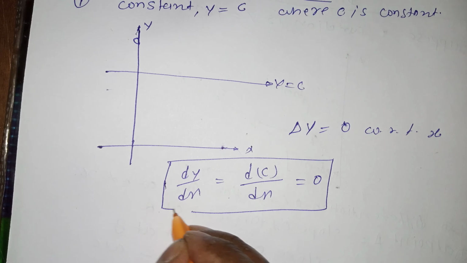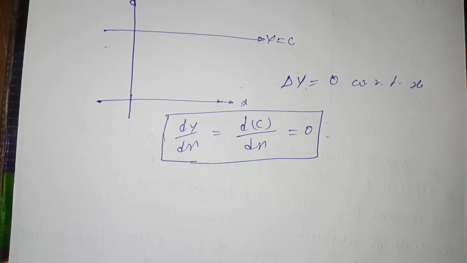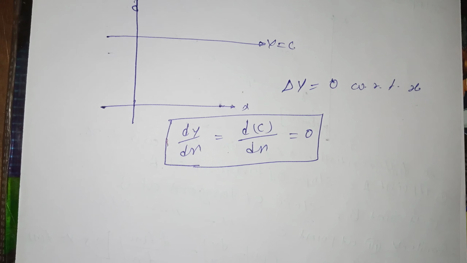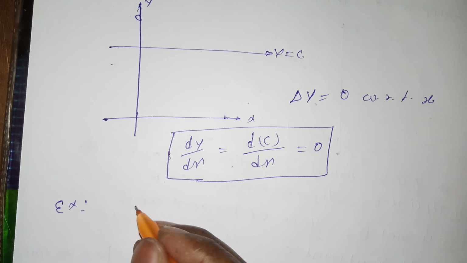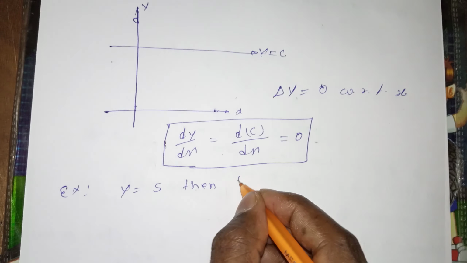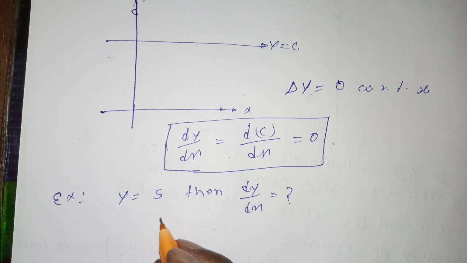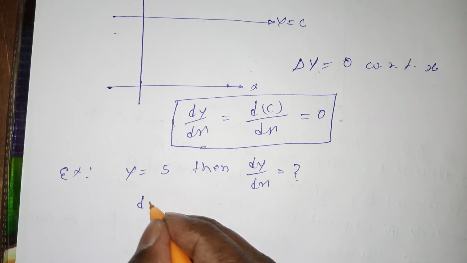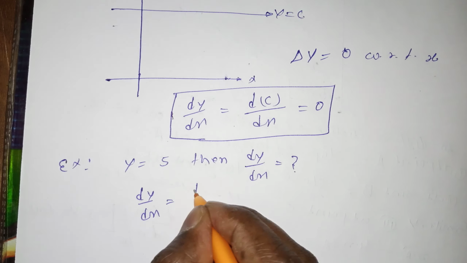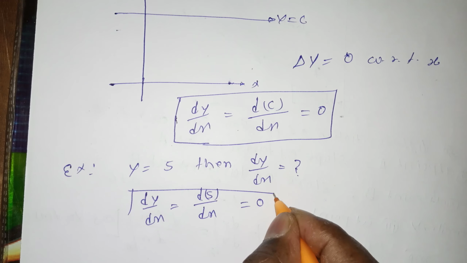The differentiation of a constant is always 0. Example, y equal to 5, then dy by dx: as y equal to 5 is a constant, so dy by dx equal to d5 by dx equal to 0.